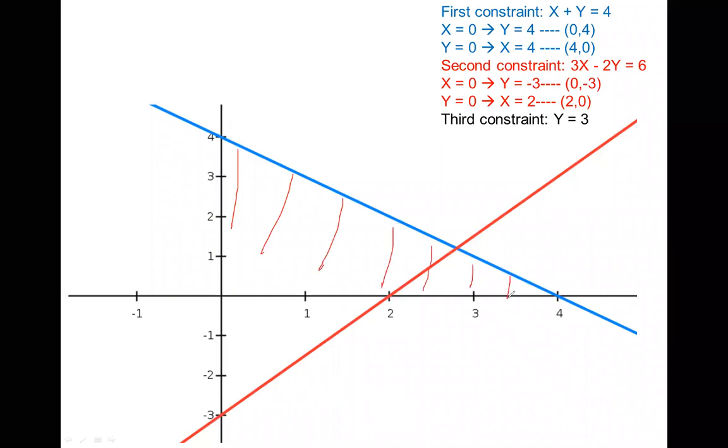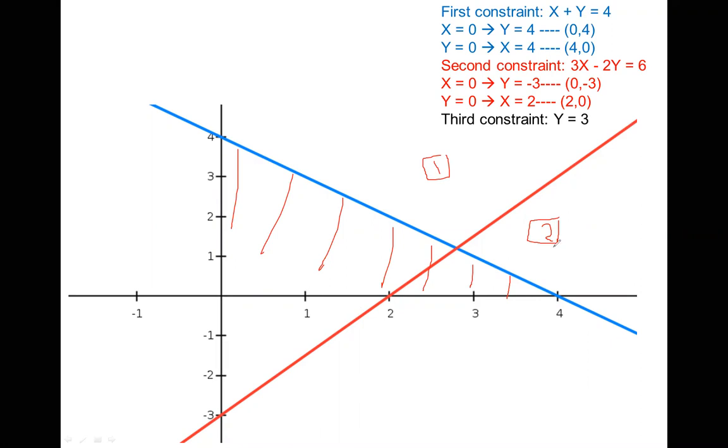Now come to the second constraint. The red line divides the area in two parts, the first part and the second part. Which area do I have to highlight against the sign? You can select any point and then decide.